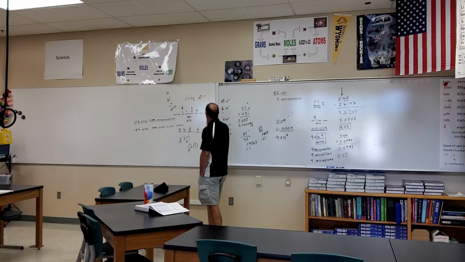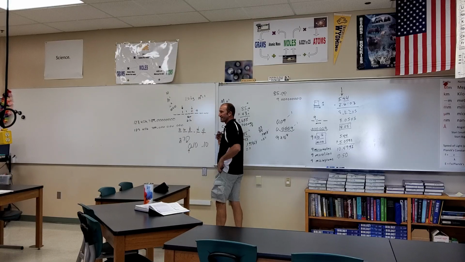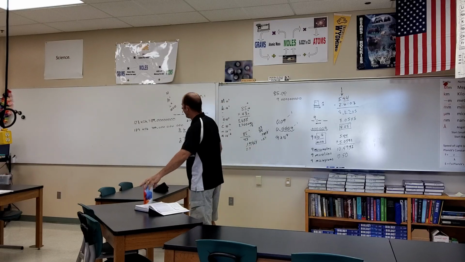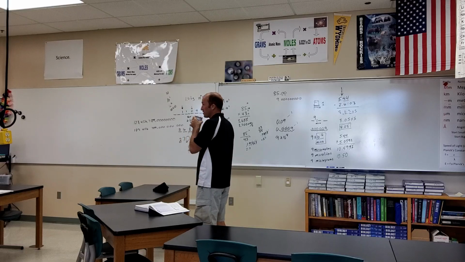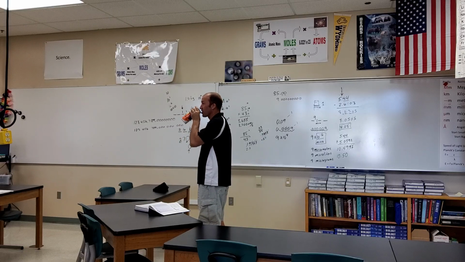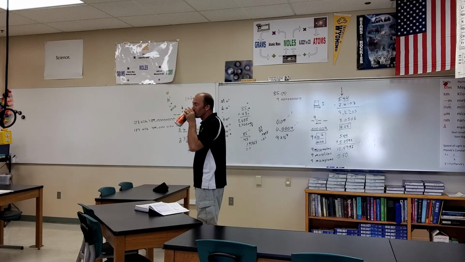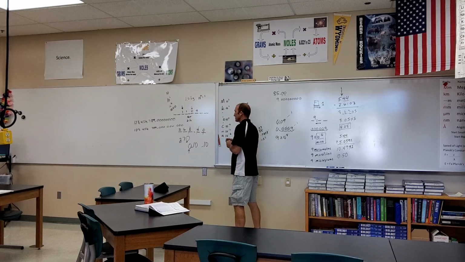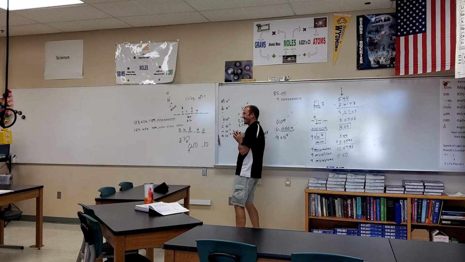So 10 to the 0, why is that 1? Because there's nothing? No, there's not nothing, there's 1. But if it's following your logic, then it would just be nothing, which would be 0, but it's not. Wrap your math brain around that one.